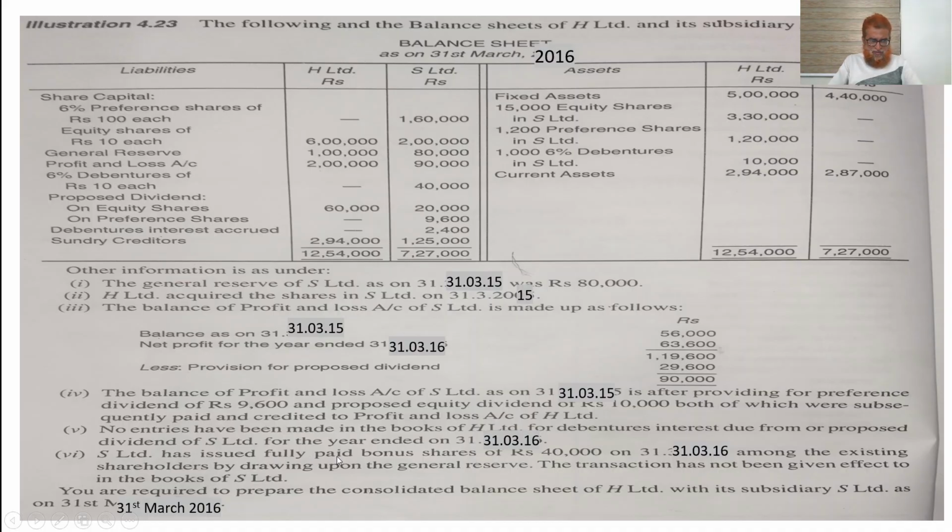S Limited has issued fully paid bonus shares of 40,000 on 31/3/2016 among the existing shareholders by drawing upon general reserve. The transaction has not been given effect to in the books of H Limited. So this is the case of bonus shares, 40,000 bonus shares.